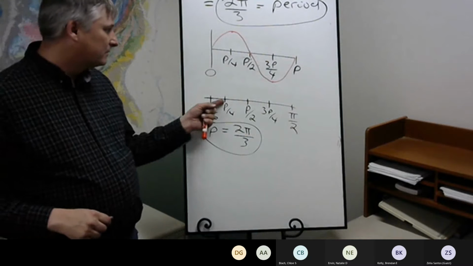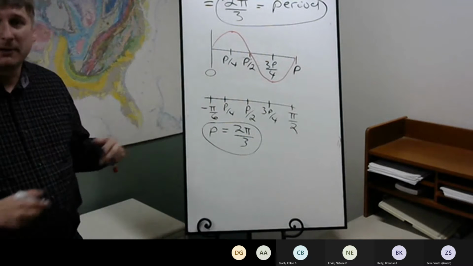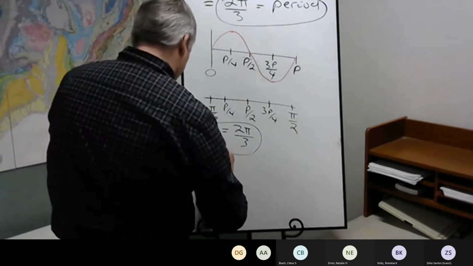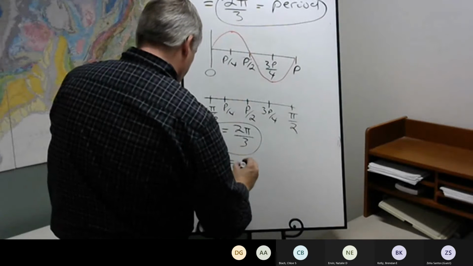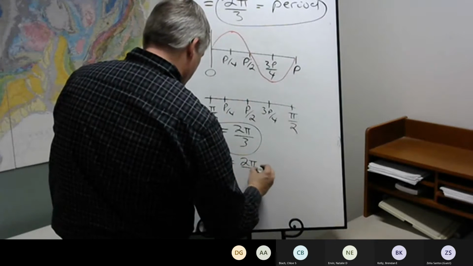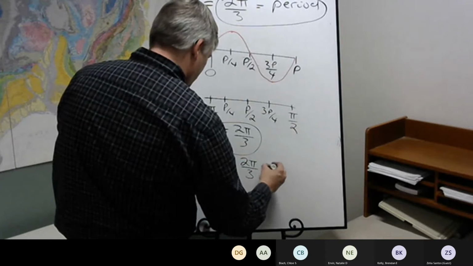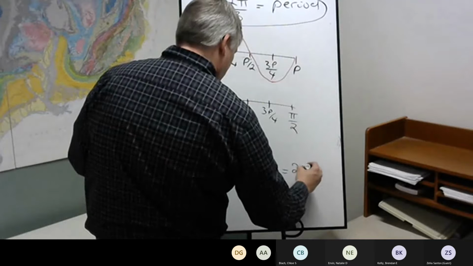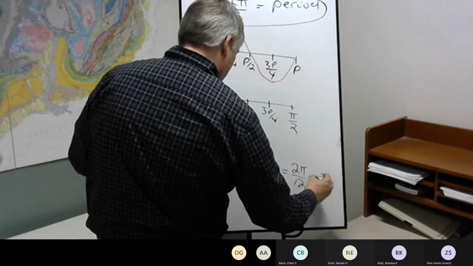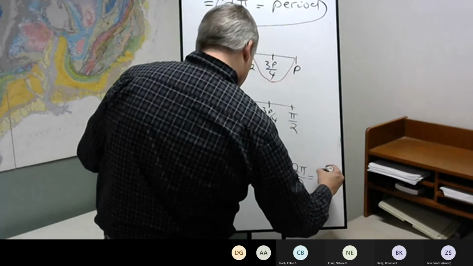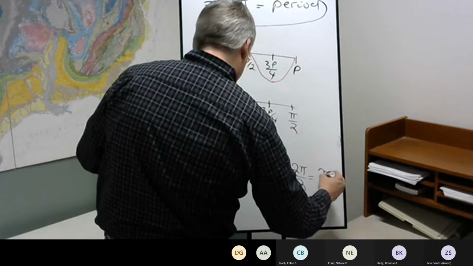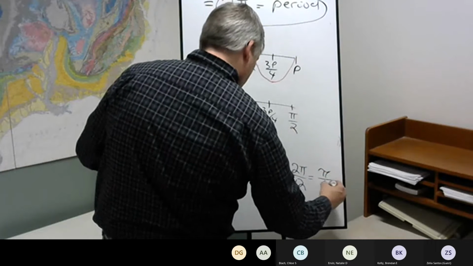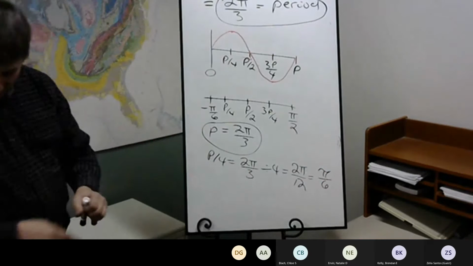So to get this one, take the period, divide by 4. Pi over 6.